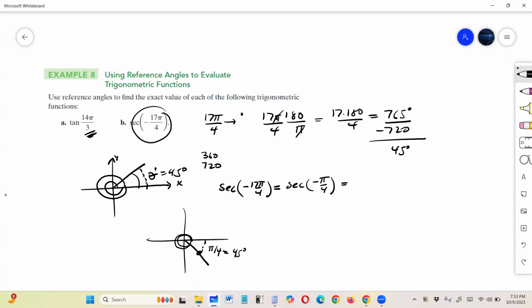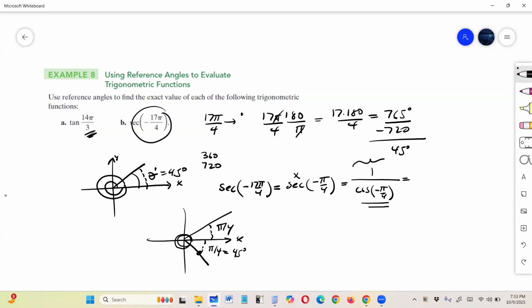Now, we don't really like to work with secant, so we use the reciprocal. So 1 over cosine of negative pi over 4. Now, cosine of negative pi over 4 is the same as cosine of pi over 4, 45 degrees, because cosine is the x-axis.